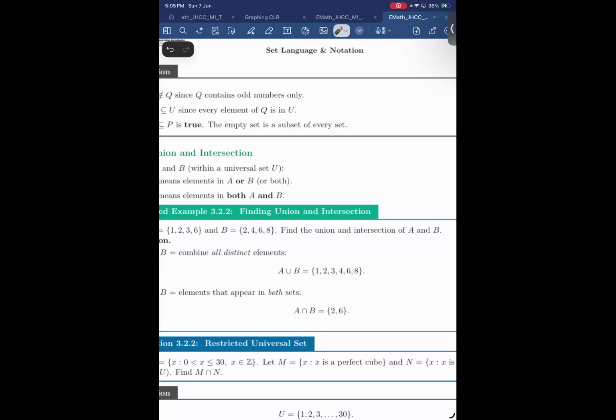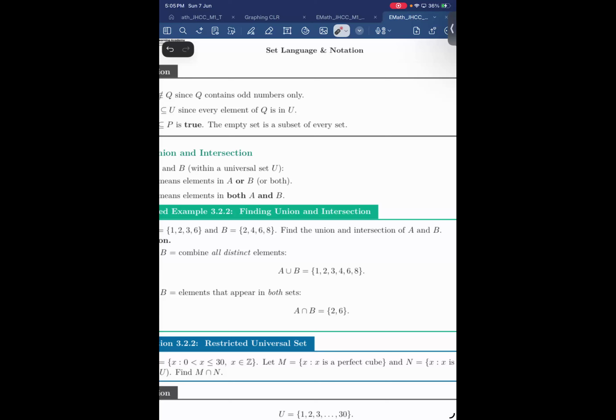Let's look at this one. Our restriction for the universal set is from 0 to 30, excluding 0 but including 30. M says X is a perfect cube and N says X is odd. So for M, X is a perfect cube between 1 and 30, including 1 and 30.